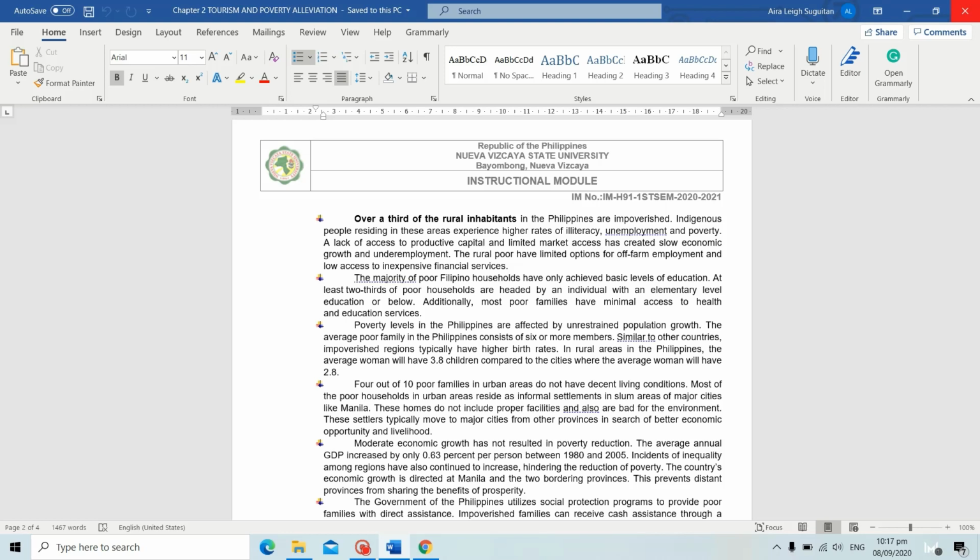So another poverty fact here in the Philippines, 4 out of 10 poor families in urban areas, in cities, do not have decent living conditions. Yun yung mga tumitira sa mga slum areas, o mga squatters. Most of the poor households in urban areas reside as informal settlements in slum areas of major cities like Manila in Tondo.